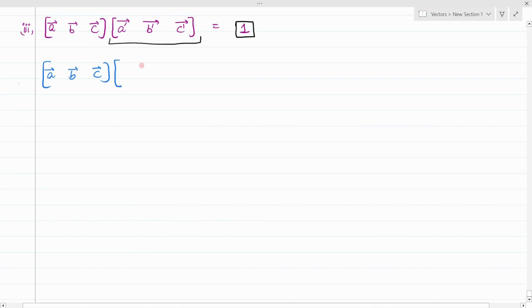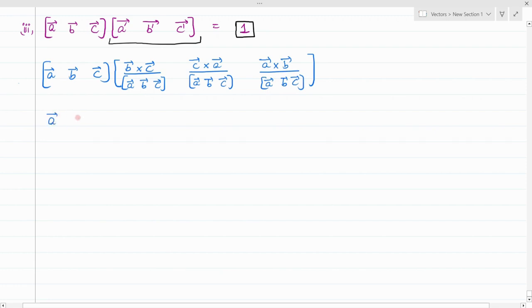And here the reciprocal of A vector can be written as B cross C by its box product. Similarly, here also C cross A upon box product A, B, C. And here A cross B upon its box product. So when you take the box product as common, you will get this box product is original. And when you take this common, you will get box product ABC whole cube.